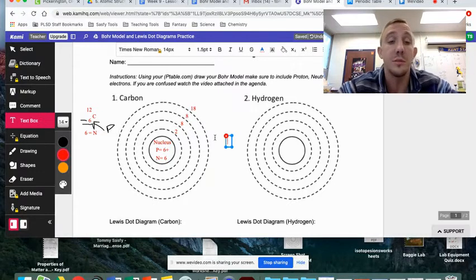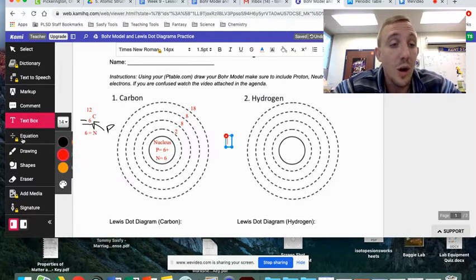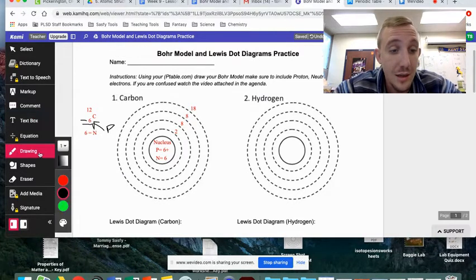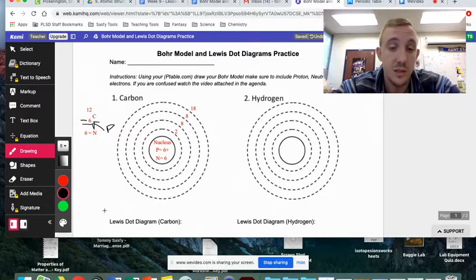Now is where we get to the part that I want you guys to follow. Okay, so I'm going to go ahead and hit drawing, and I'm going to use the stroke of 8 to draw my electrons. Now we are going to draw electrons, or we could just use dots, to show electrons. This first energy level can only hold 2 electrons. So what I like to do is I do opposites.